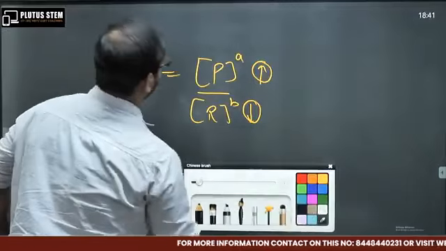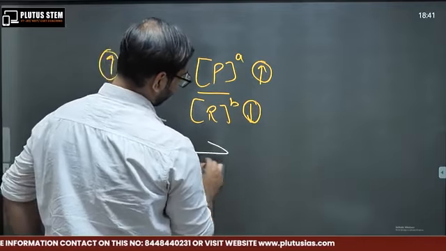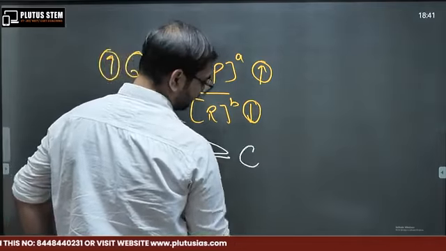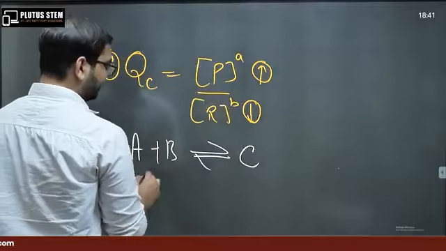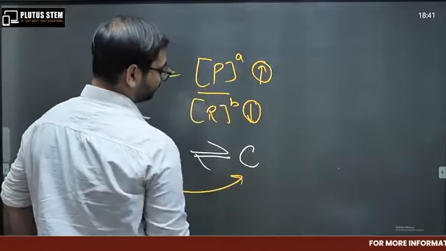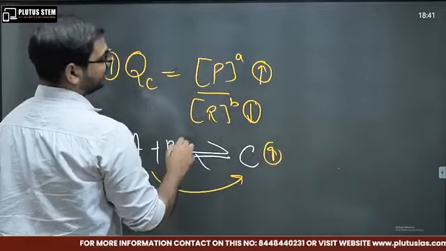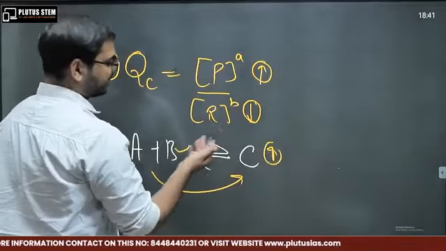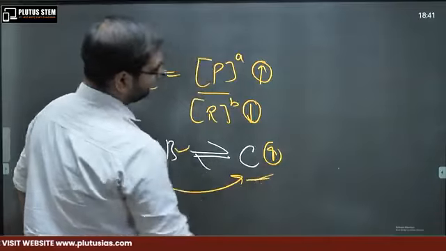So for the reaction that we have, A combines with B in equilibrium with product C. The concentration of product can only increase when A and B react to form more product, and the concentration of reactant can only decrease when they react and give me more product.